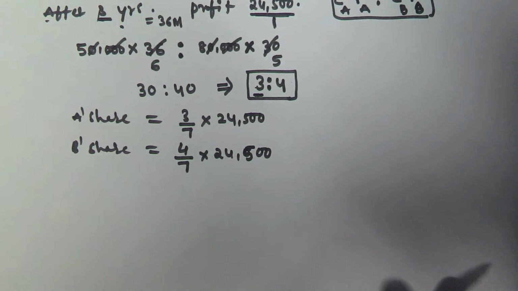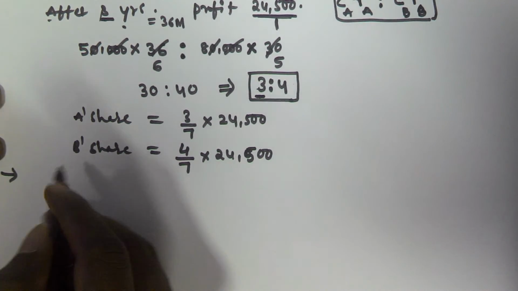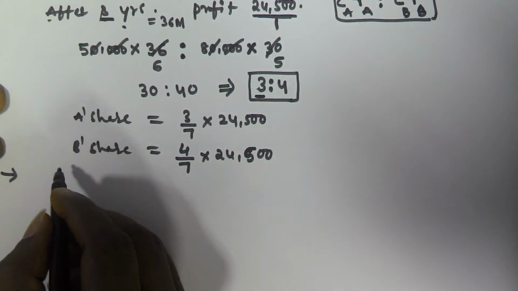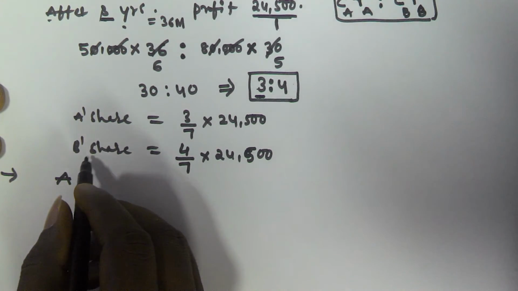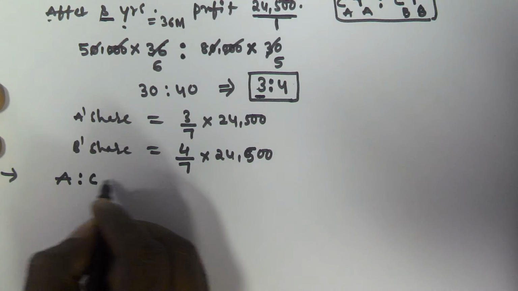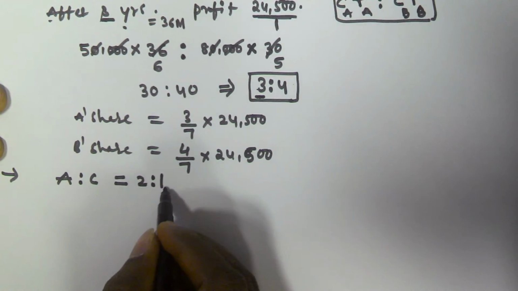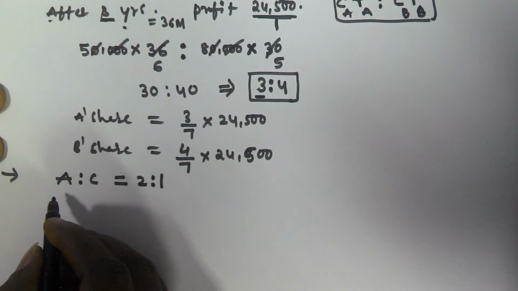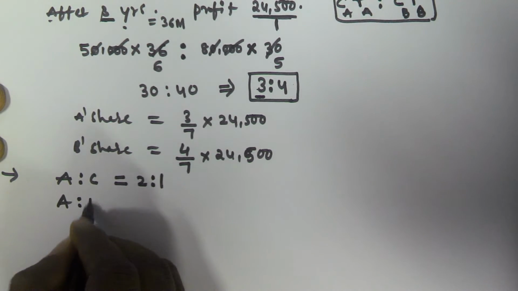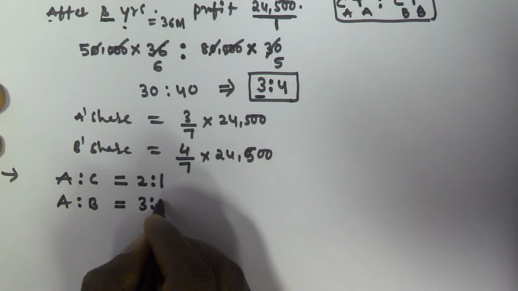Let's see another example of partnership. In a business, A and C invested amounts in the ratio 2 is to 1. A and B invested in the same business in the ratio 3 ratio 2.